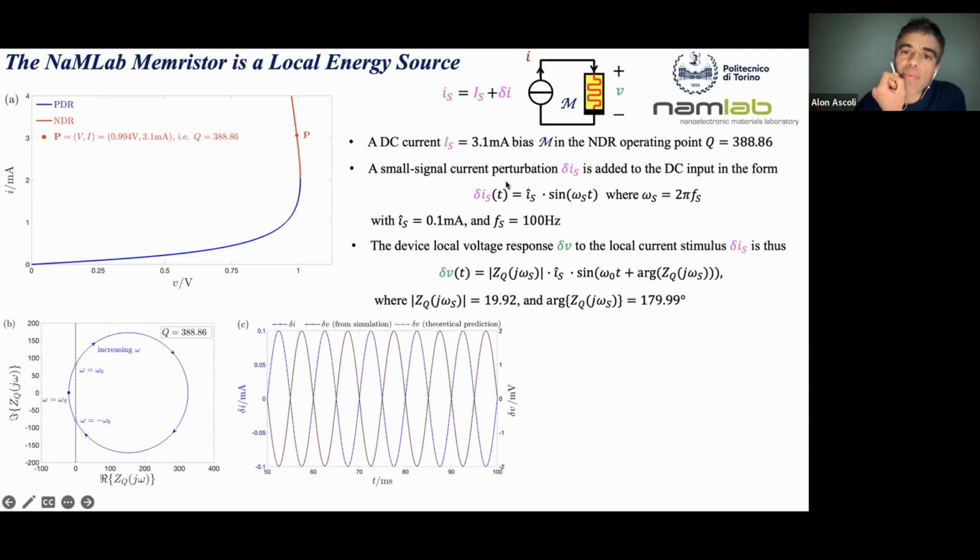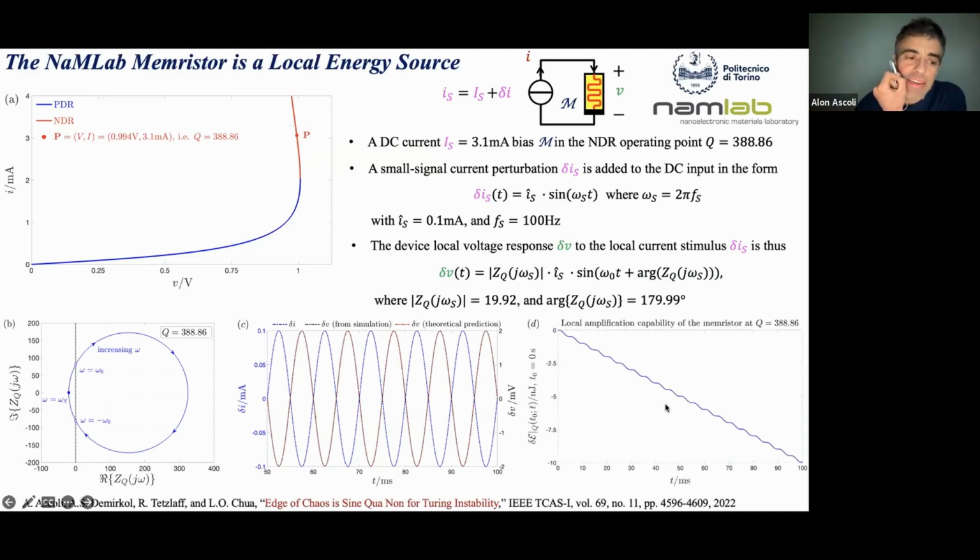In fact, if we superimpose on the bias current a small signal current, we are able to demonstrate that, as you can see, the local power integrated over time is a monotonically decreasing function of time. So this is the demonstration of the local amplification capability of the memristor. And we are currently, with Professor Gilli and Professor Corinto, developing more understanding about this amplification phenomenon.